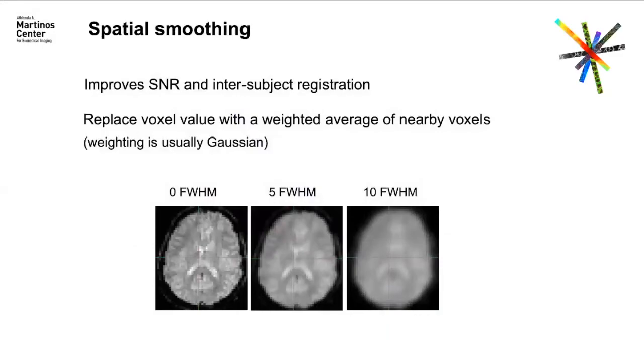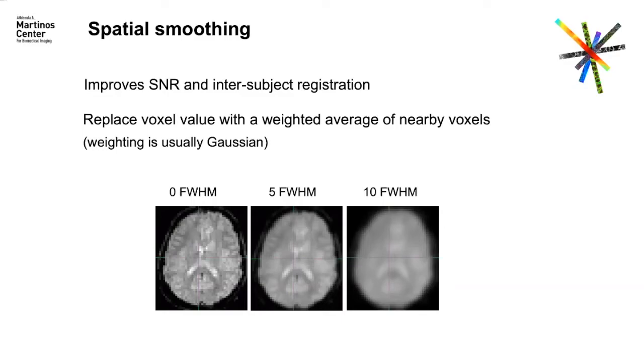Then usually the images are smoothed spatially, as smoothing reduces some high frequency noise, and it improves SNR and inter-subject registration. So what happens in smoothing is that basically you just replace each voxel value with the weighted average of nearby voxels.